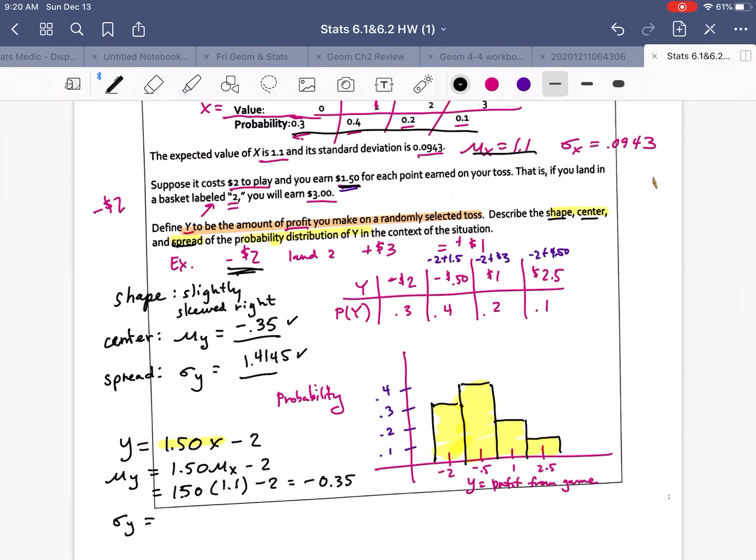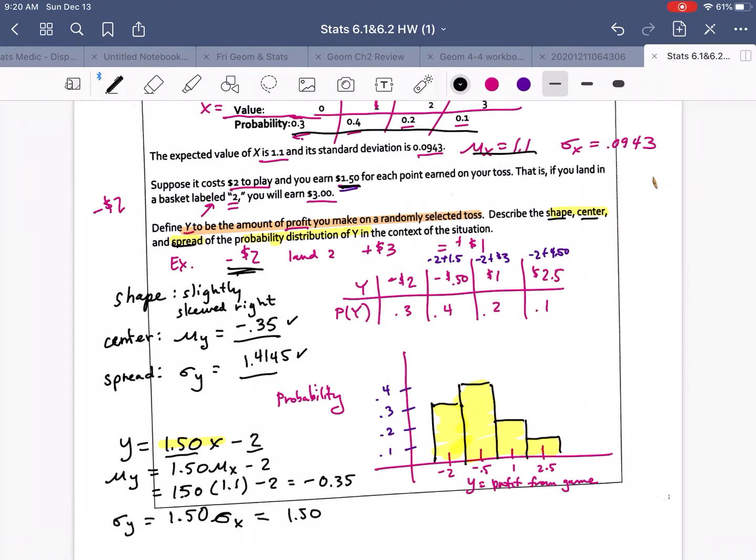Now with standard deviation, how is this affected when it looks like I'm multiplying by 150 and I'm subtracting? Well, we learned in class it changes when we multiply and divide, but it doesn't change when we add or subtract. So we would take this same 150 and that would affect sigma x, right?